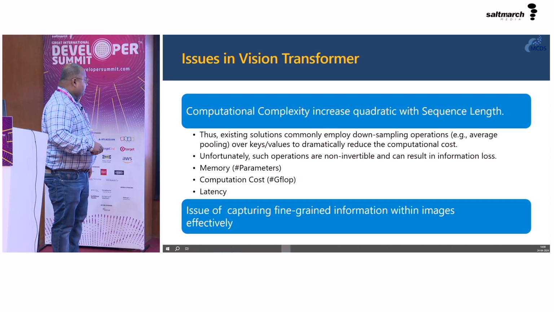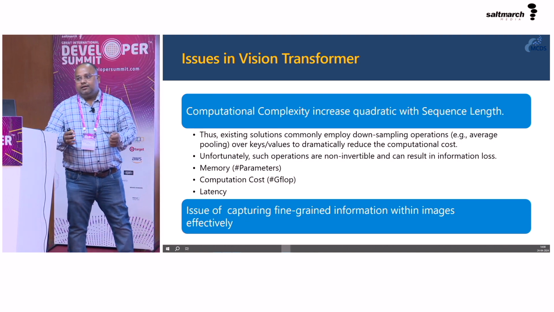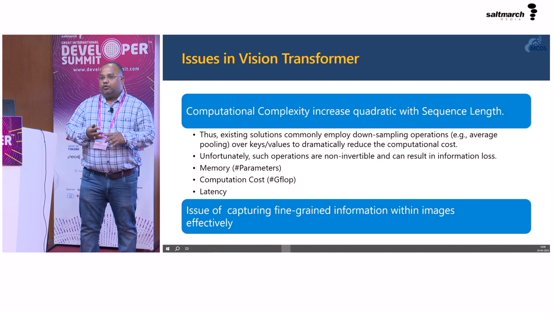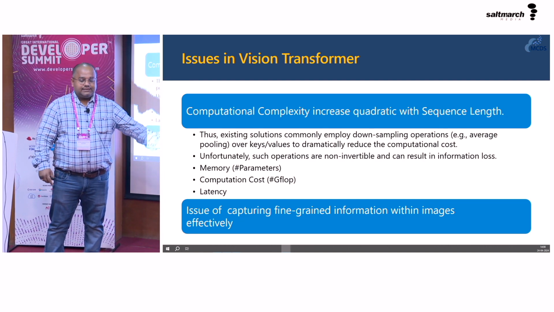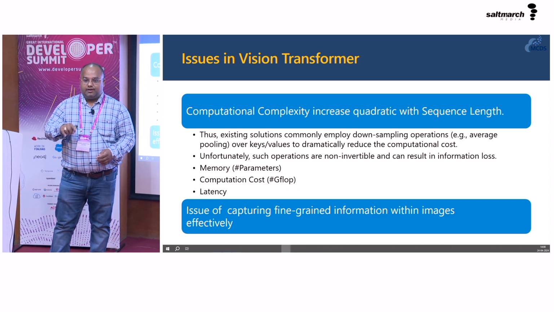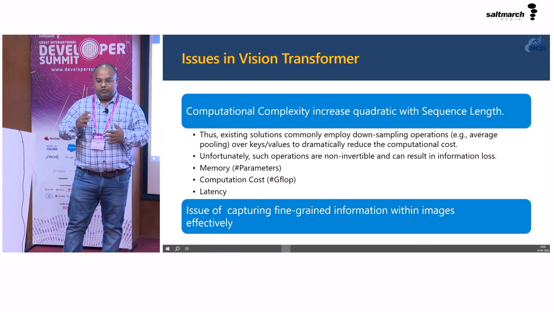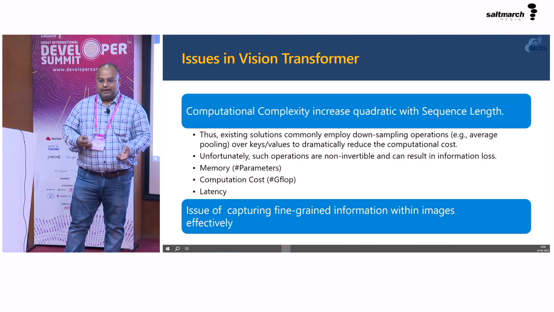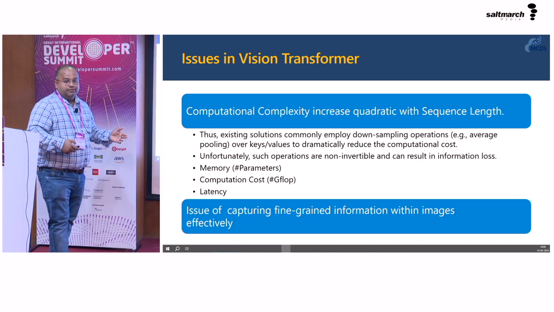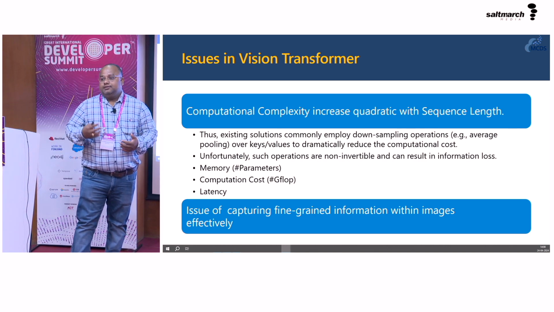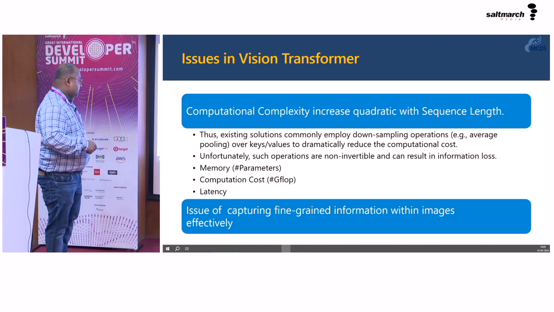The second one is computational cost, the number of FLOPs, the floating point operations, when you have 32-bit precision. Recently Microsoft published a 1.5-bit LLM, so you don't require 32-bit; 1.5-bit is enough. That way you reduce the number of FLOPs, that is, how many gigaflops are required.